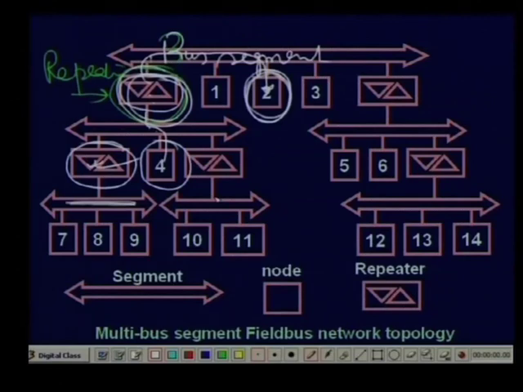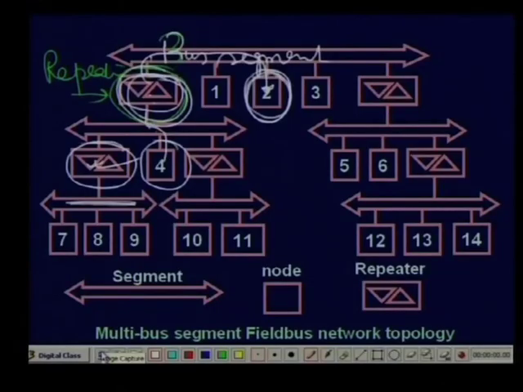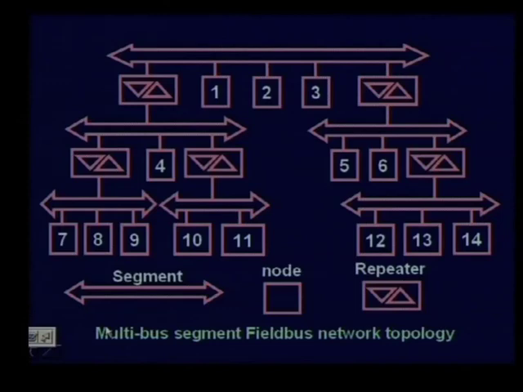So, therefore, it will not transmit it. So, actually you can transmit data from one segment to another using such repeaters, and therefore, you can configure a very wide network, or a network which actually sprawls over kilometers, using a local area network technology.